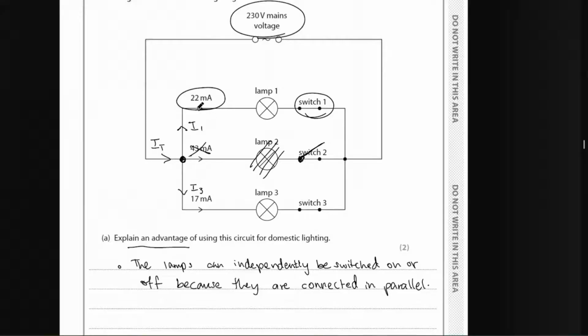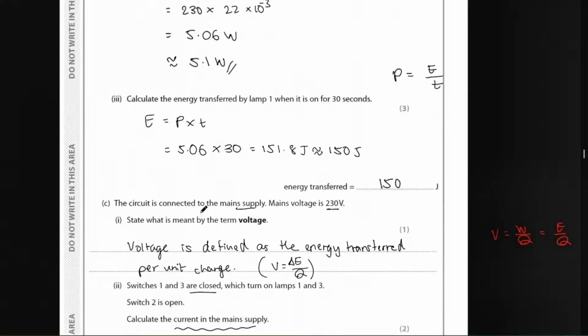I1 is 22 milliampere and I3 is 17 milliamperes. So the total current IT is equal to I1 plus I3, where I1 is 22 milliamperes and I3 is 17, and that gives us 39 milliamperes. That's the overall current in the main supply.